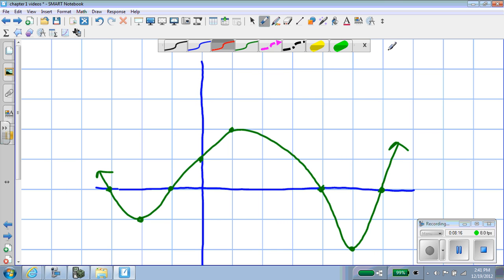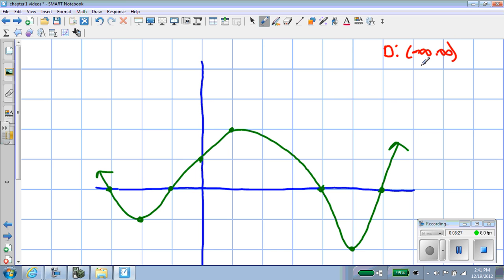Let's try it again. All right, domain, x values. All of them are getting used. Range. Both ends are going up. So the up y values are getting used, but below -2, there's nothing being used. So -2 to infinity.